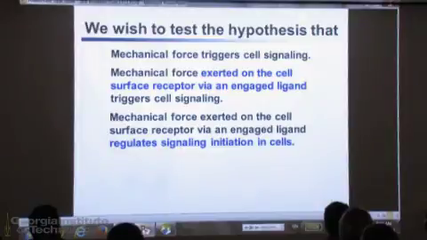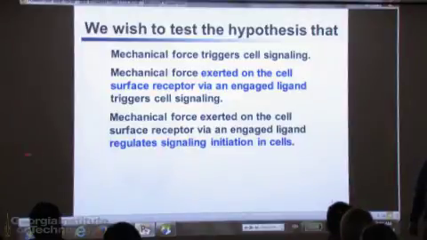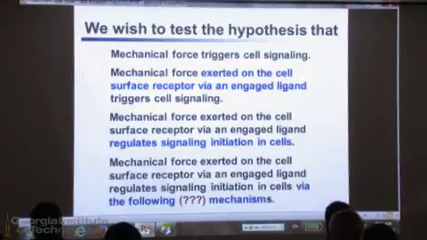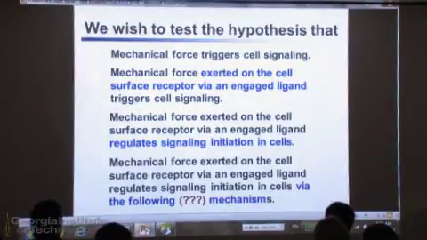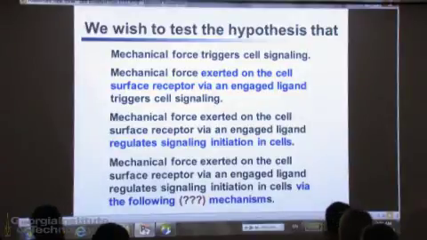We started looking at the signal initiated by this receptor, and we want to see whether or not the mechanical force does anything or regulates this signaling initiation. Now, I would present data up to here, and I think the data here would support what we can do, but down here it's a little bit fuzzy.